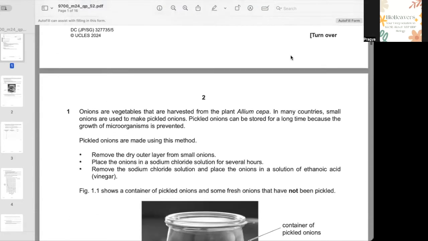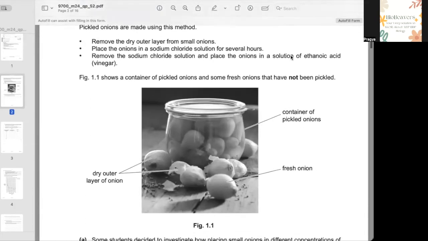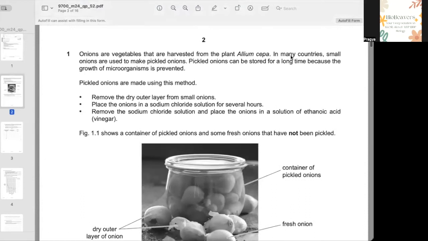The first question, as I mentioned, usually starts with one page of data which has been given to you, and there will be a lot of information given to you in this process.